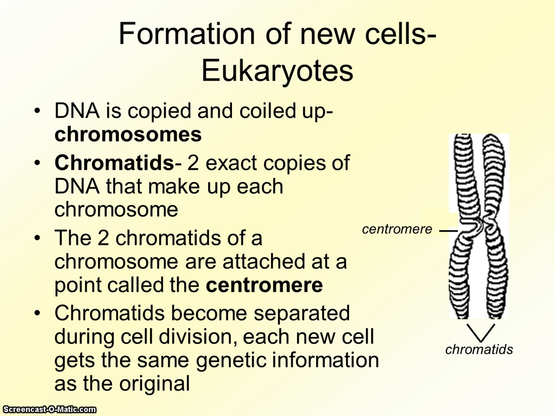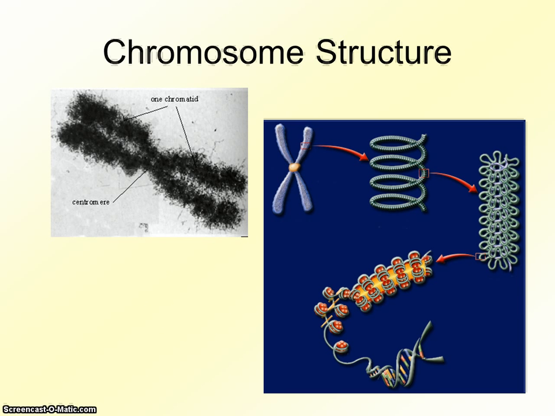We call them sister chromatids, and they're exact copies. Each chromatid is an exact copy of the other. They're attached in the middle with a structure called a centromere. And then these chromatids become separated during cell division, as we've looked at through metaphase and anaphase and all those processes.